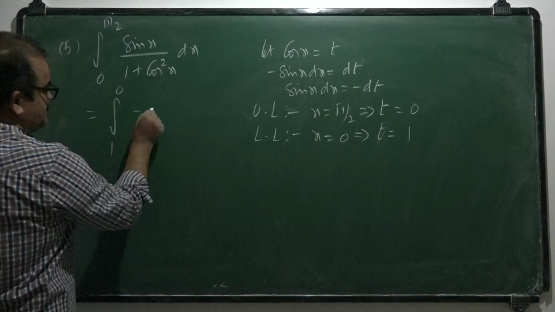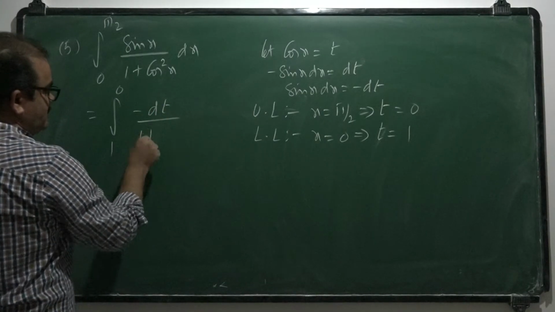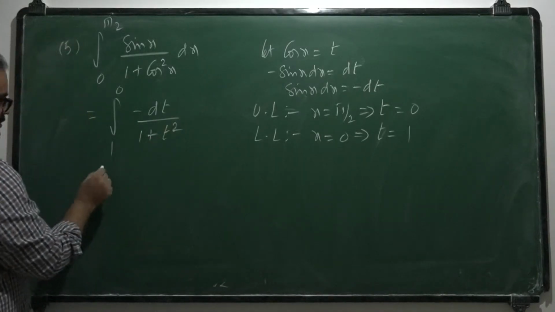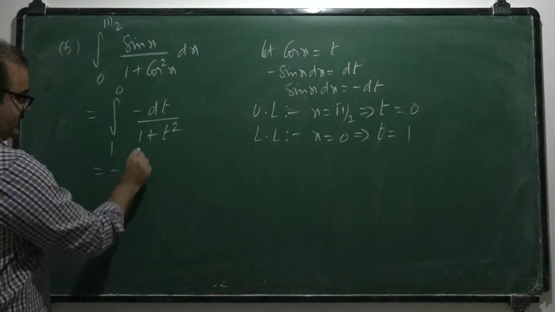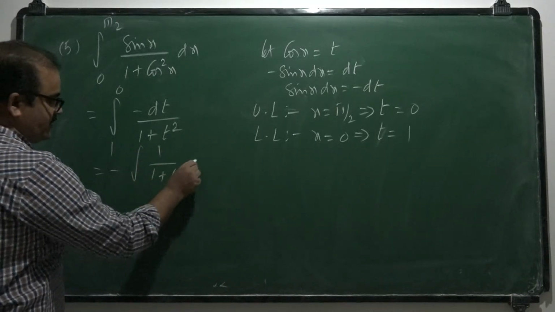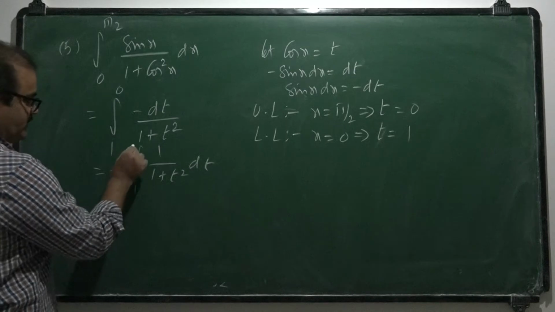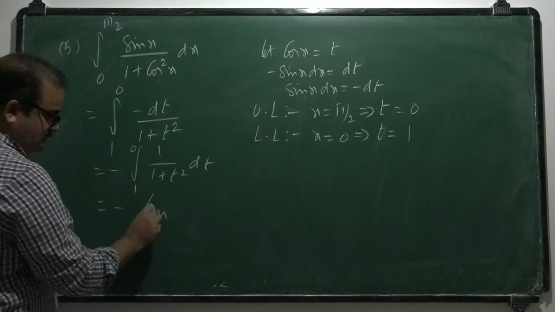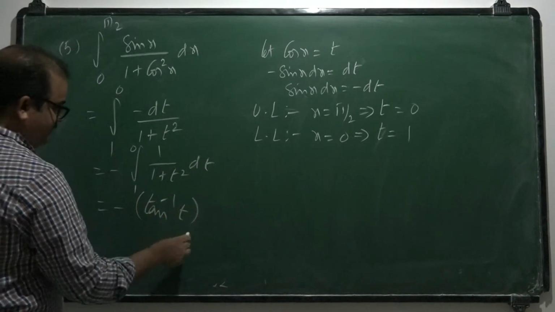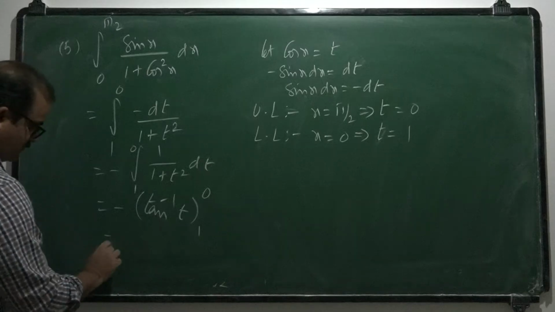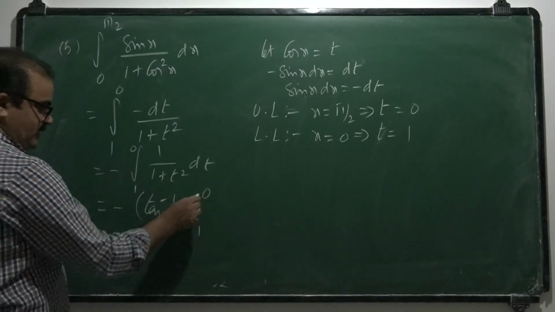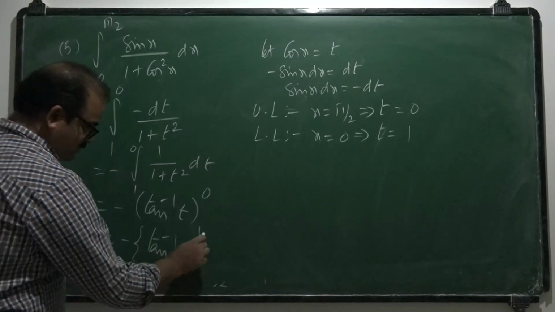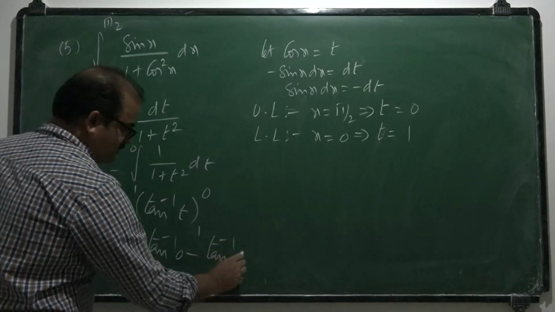Sin x dx is minus dt, and the denominator is 1 plus cos square x, which is 1 plus t square. So we get minus of the integral of 1 by 1 plus t square dt between the limits 1 to 0. What is the integral of this? Tan inverse t between the limits 1 to 0, minus of, first apply the upper limit, tan inverse 0, then take the lower limit, tan inverse 1.